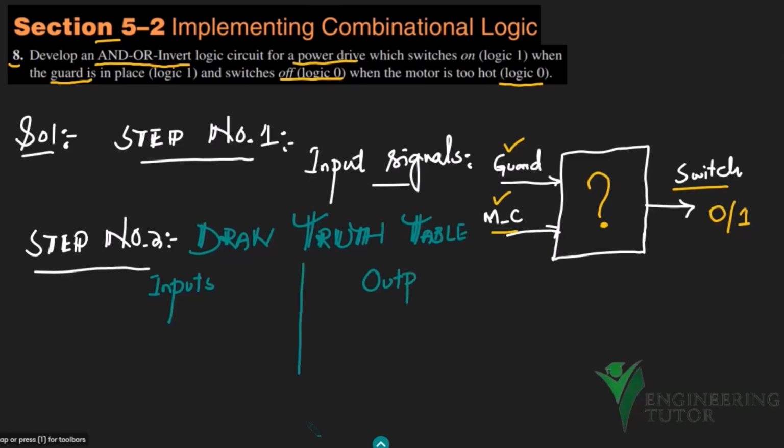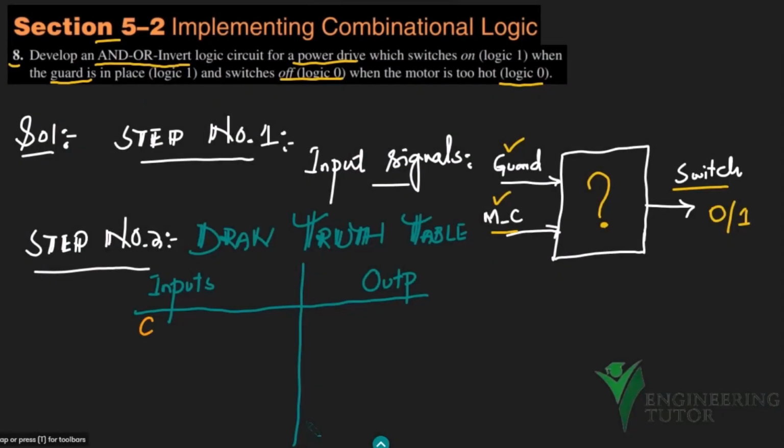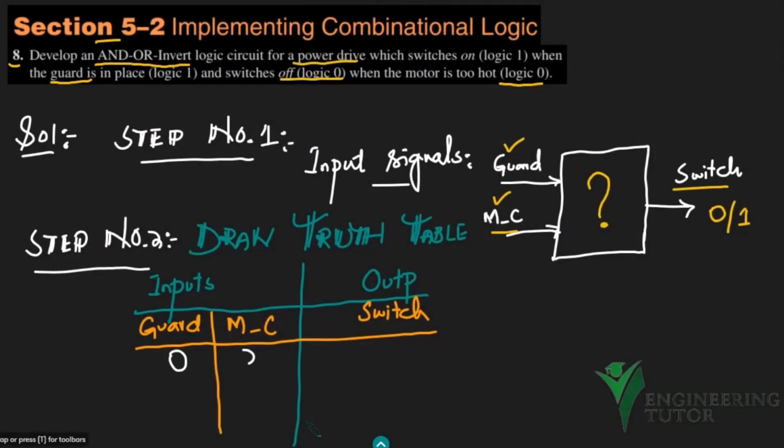The inputs we have here are guard and MC, and the output here is the switch. These are basically our inputs and outputs, and the combinations of the inputs are 0 0, 0 1, 1 0, and the last one is 1 1.